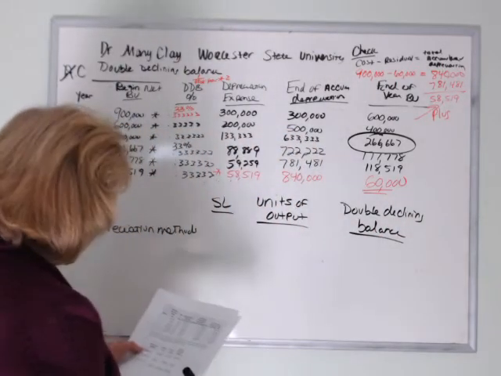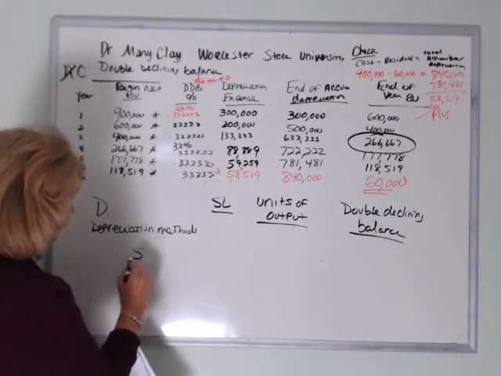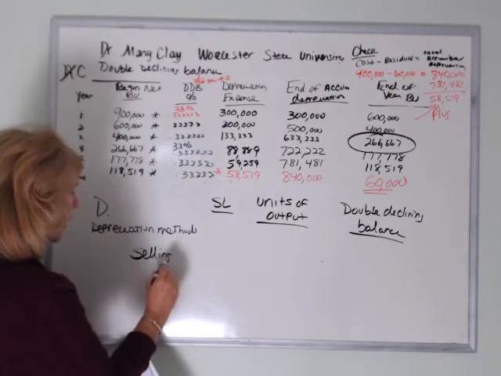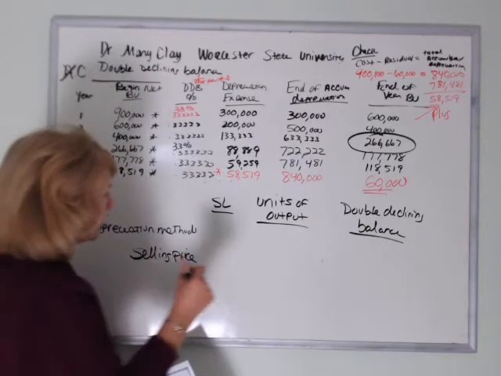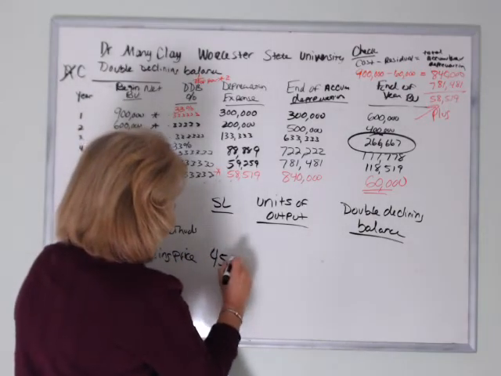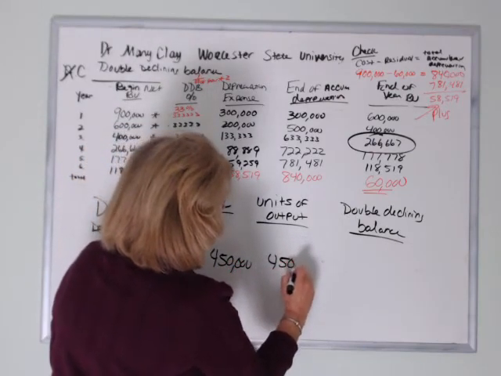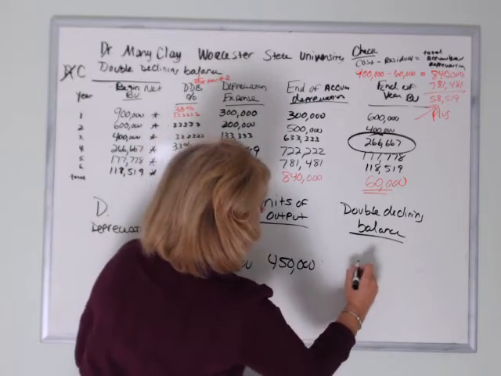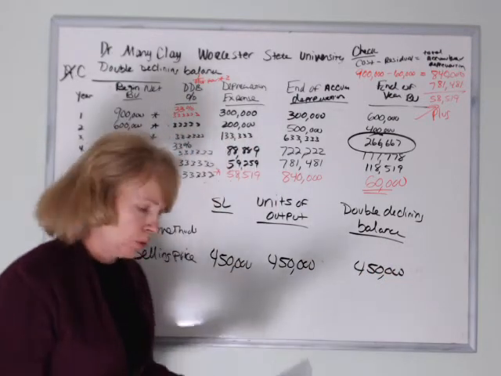The selling price for each of the methods doesn't matter. The selling price they said was $450,000. So they sold the asset at the end of 3 years for $450,000, no matter which depreciation method they used.